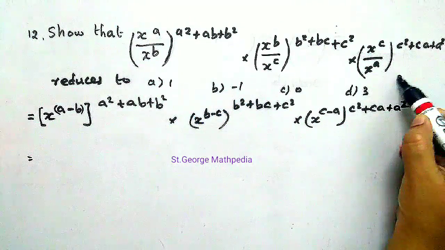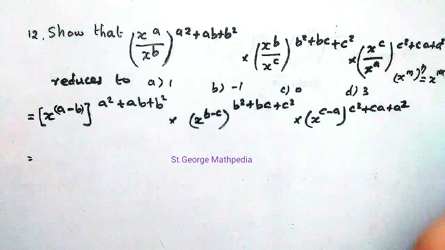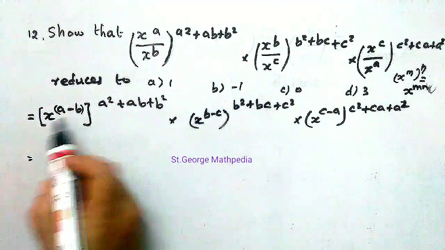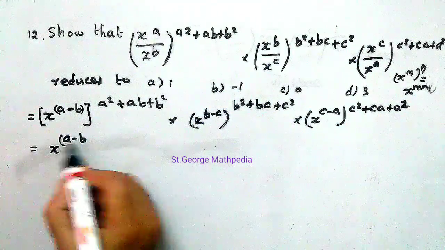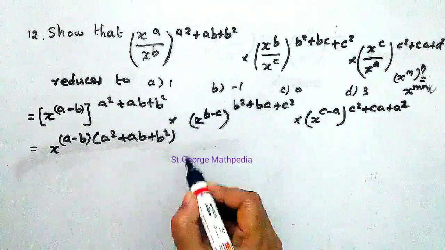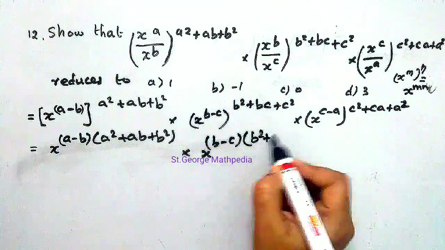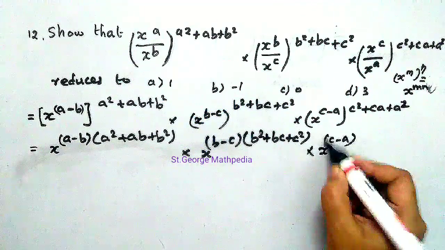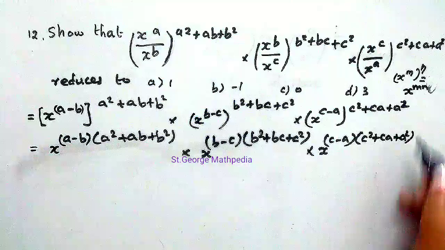Now x power m whole power n is equal to x to the power of m into n, m multiplied by n. Okay. So you can write this as x power a minus b into a squared plus ab plus b squared into x to the power of b minus c into b squared plus bc plus c squared into x to the power of c minus a into c squared plus ca plus a squared.